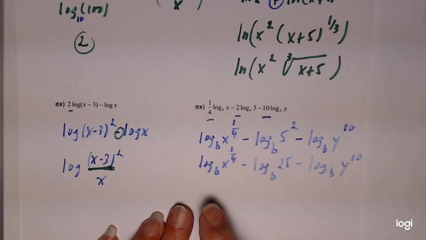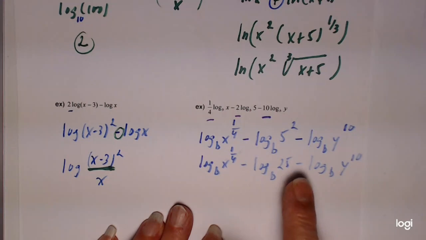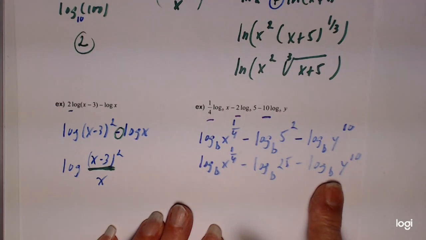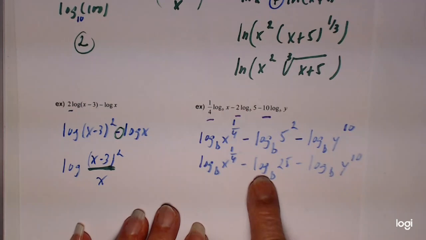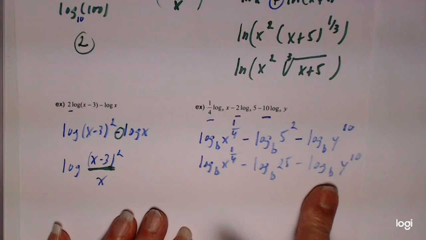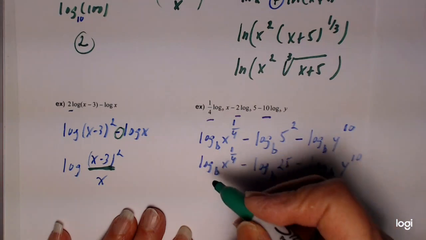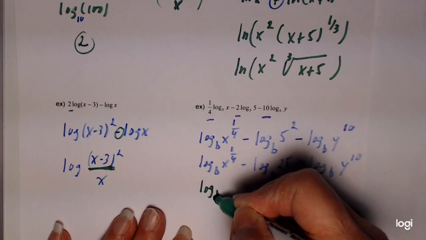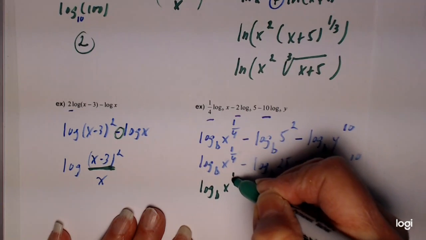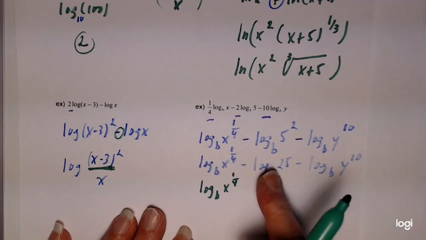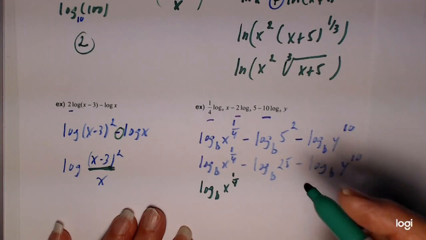So we look here. We have this expression, minus, minus. So these represent divisions. One way to approach this would be to factor out the negative sign. So log base b of x to the 1/4, and I'm going to factor out that negative sign.